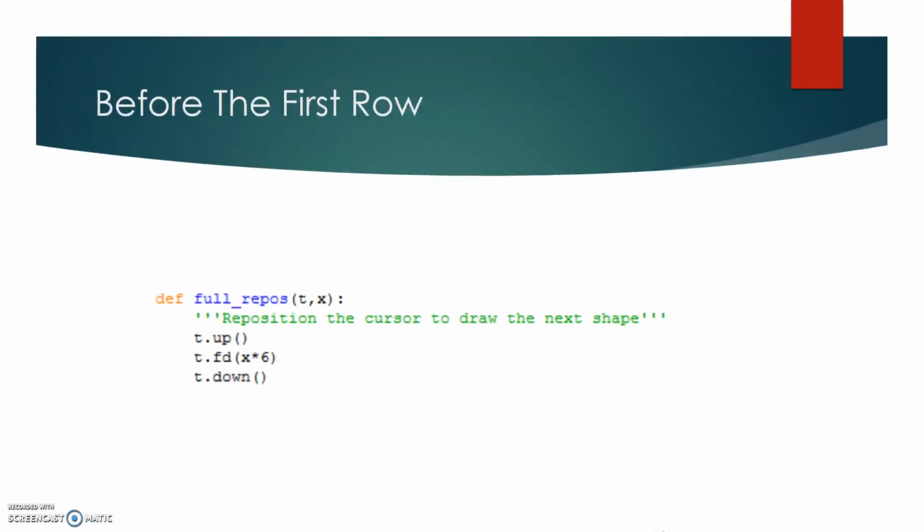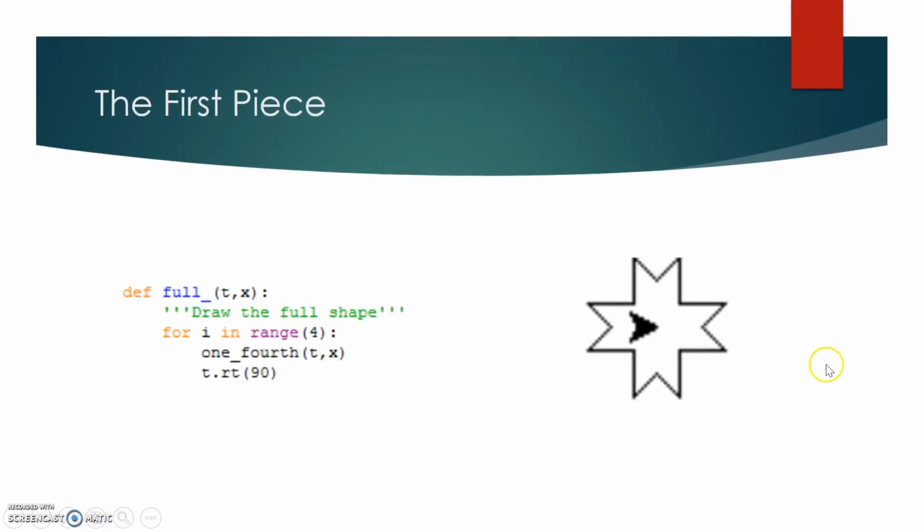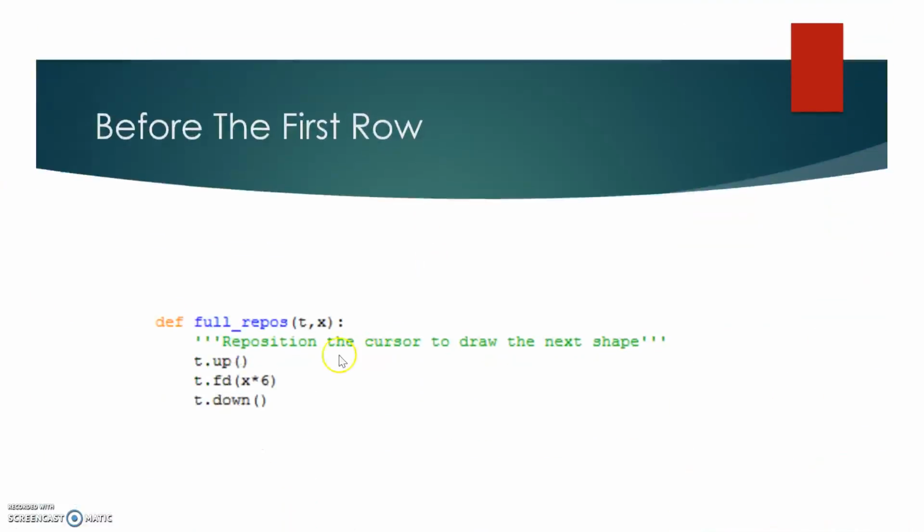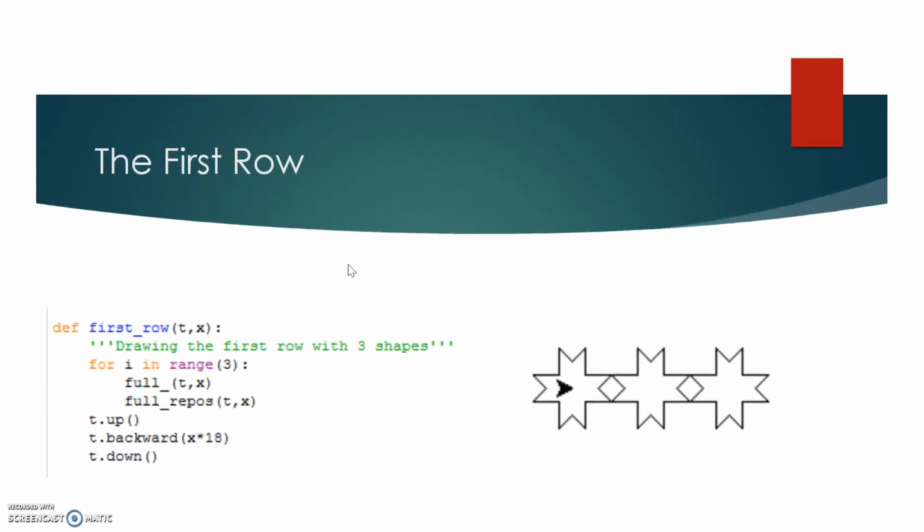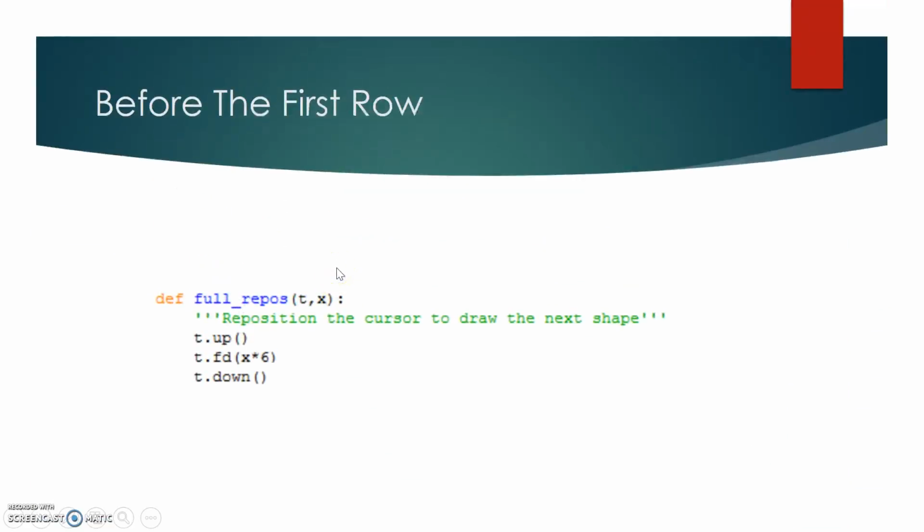And then I continue to do the row. The row has the same shape, three times, but before that, I have to make a reposition function that will move the curve from the center forward to the next shape.